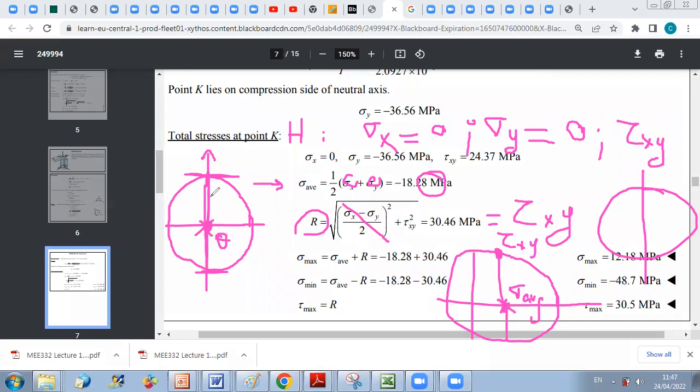And now we'll see together when I introduce the Mohr circle, we'll understand that this point will represent sigma x and minus tau xy. Sorry, sigma y and plus tau xy.